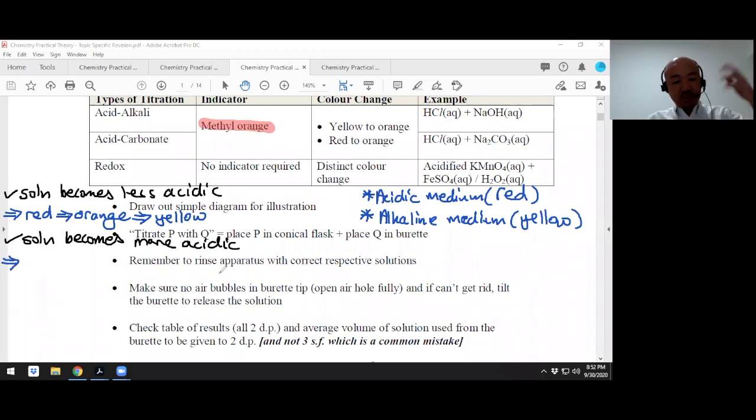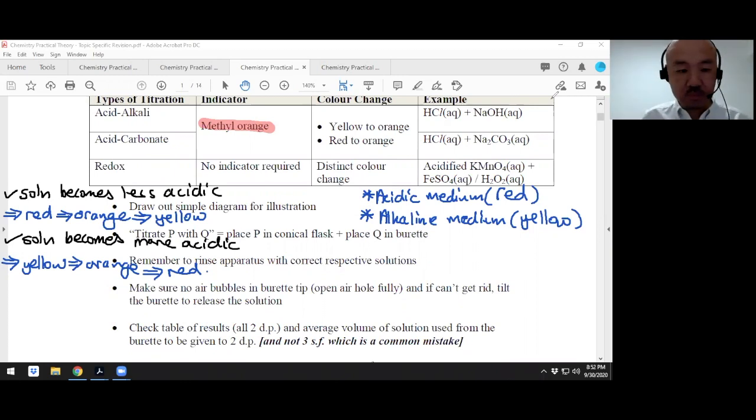Then you start with alkaline, so obviously you start with yellow. The end point you see is orange. A bit messy here, trying to find space. And then you go to red when you have lots of acid inside there. All right, so that's methyl orange. Just a quick note on the color change.